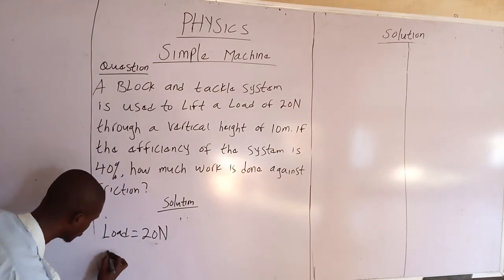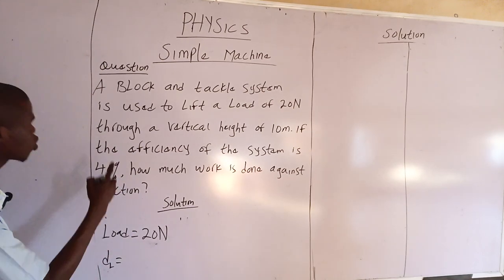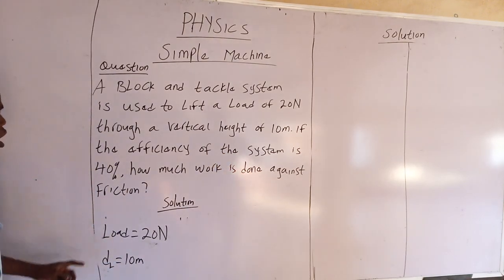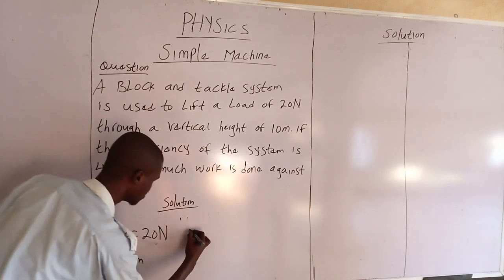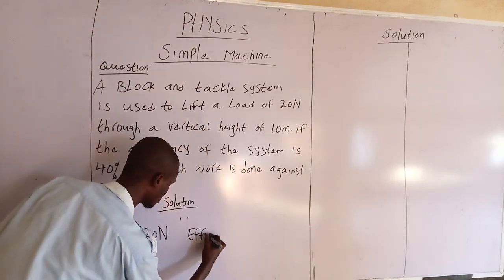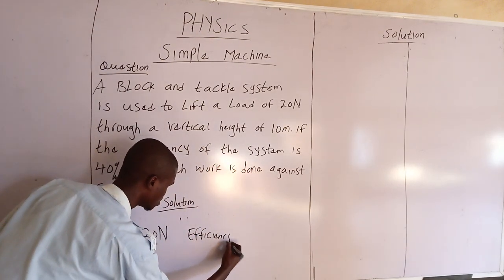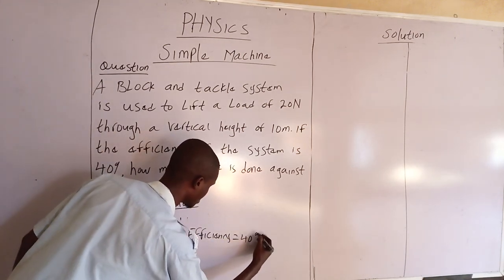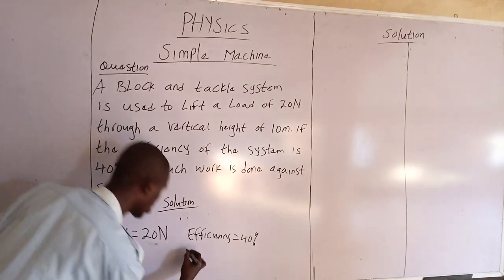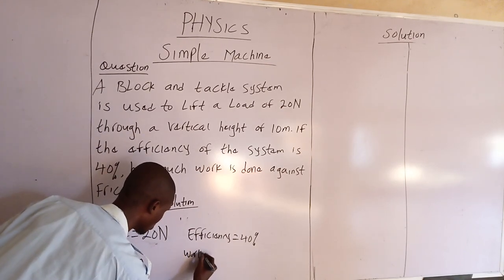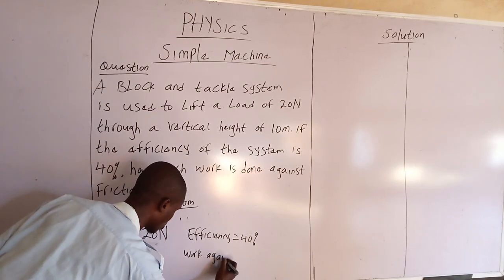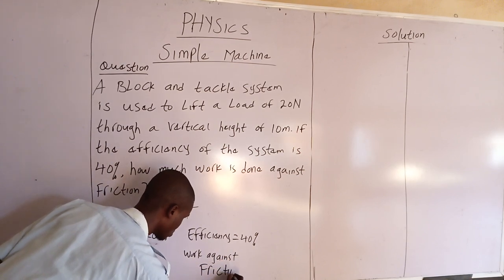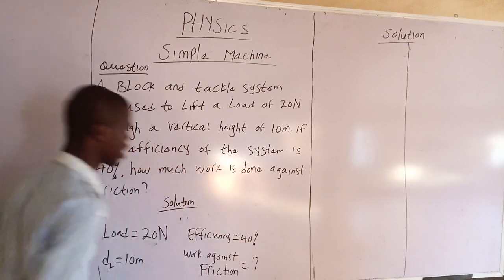Distance covered by the load is equal to 10 meters. And also we have the efficiency equals 40%. So we have to look for the work done against friction.